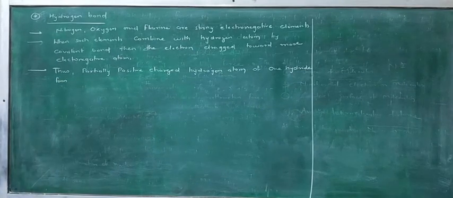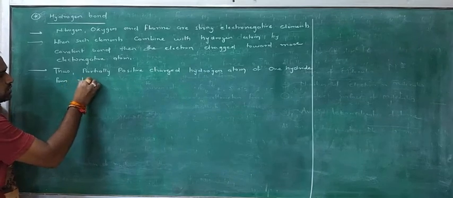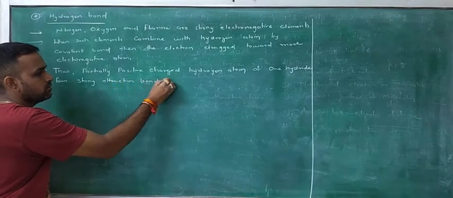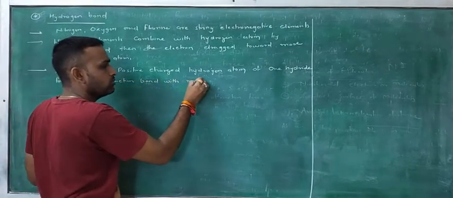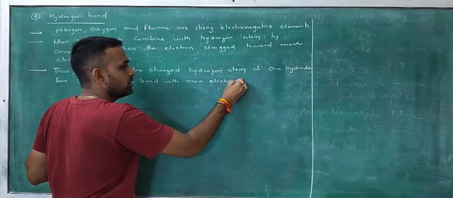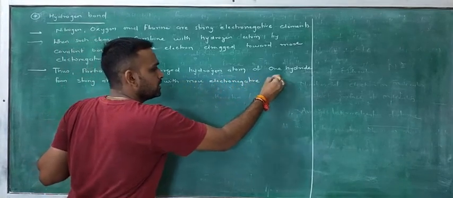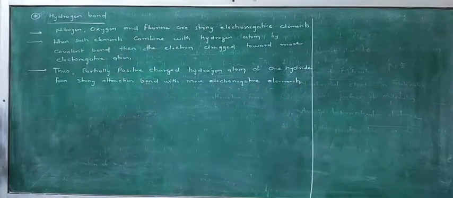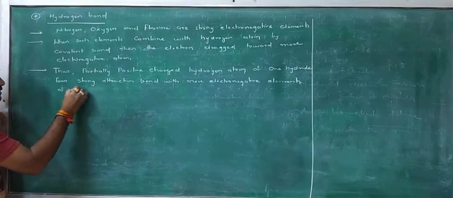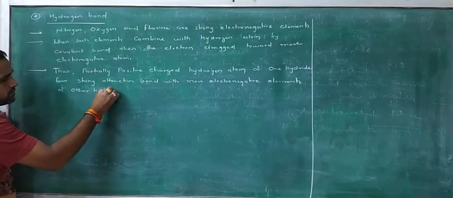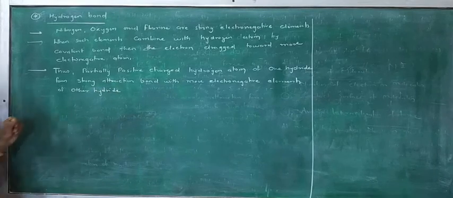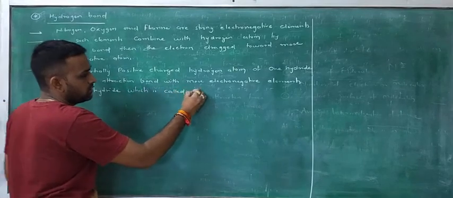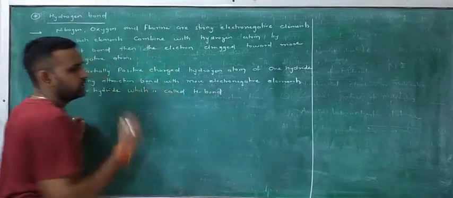A strong attraction bond with the more electronegative element of another hydride, which is called hydrogen bond. Is it clear?